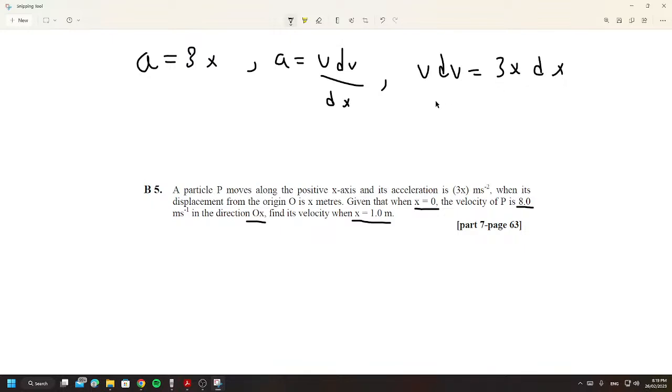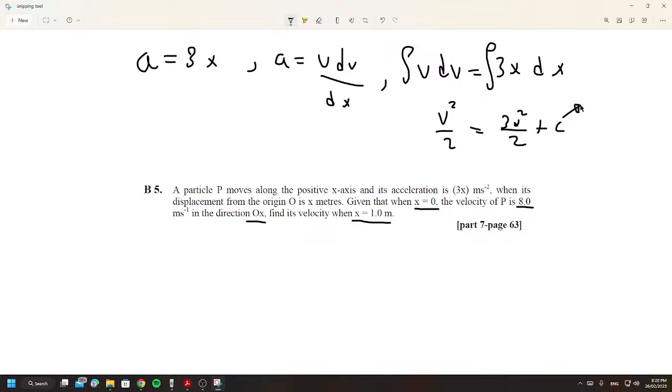Okay, so now if we do the integral of v dv, it is v squared over 2. So v squared over 2 is equal to the integral of 3x, which is 3x squared over 2, and then plus c.